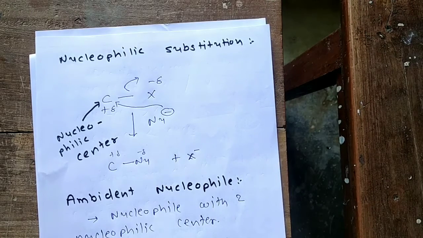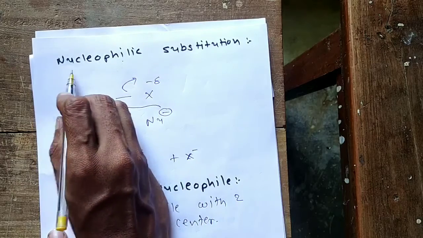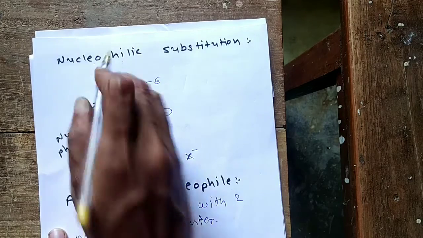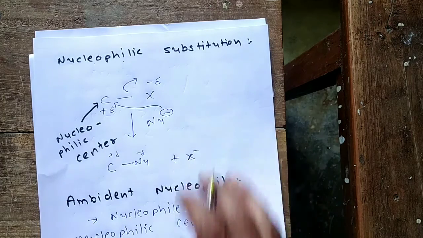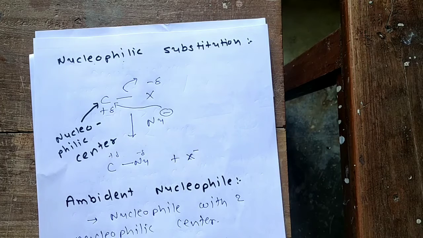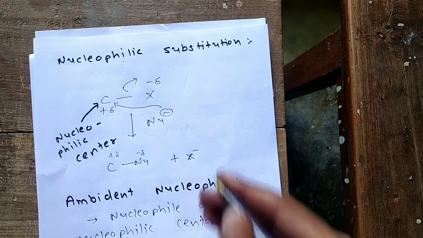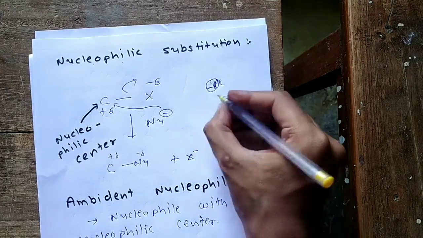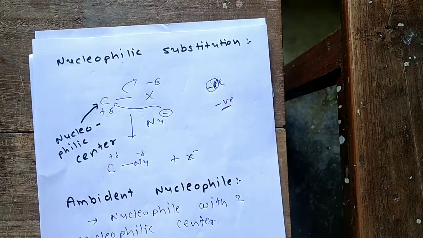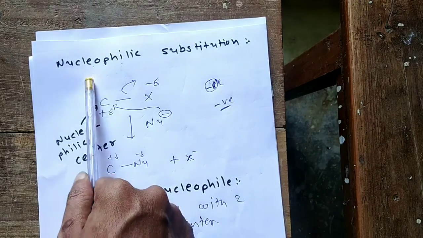Now next topic is nucleophilic substitution. What are nucleophiles? Species that are attracted towards the nucleus are nucleophiles. In the nucleus, protons are there, so you can say species that are attracted towards positively charged protons are called nucleophiles. So they must have negative charge on them. Again, negatively charged compounds are nucleophiles.